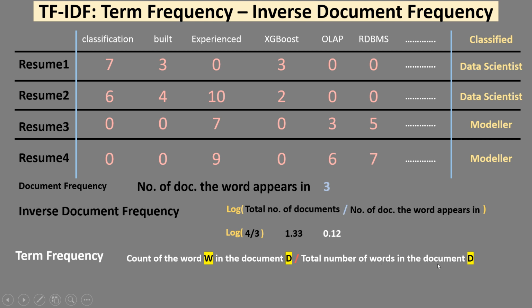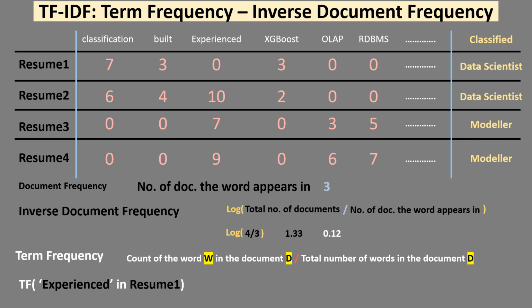Then comes the total number of words in the document. For example, let's consider that these are the only words which we have in our document 2. So how many words are available? 6, 4, 10, 10, 20, and this 2, 22. So out of 22, the word experienced gets repeated 10 times, and the total number of words in this document is 22.